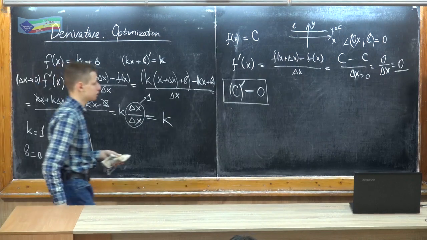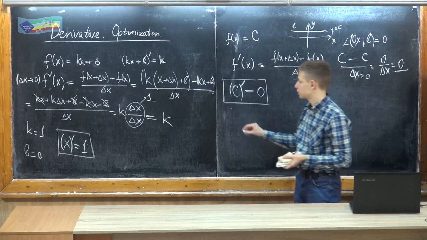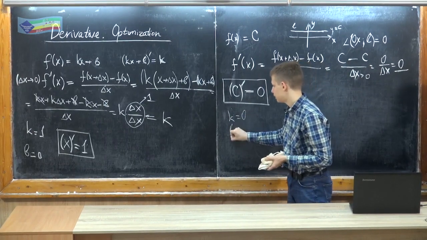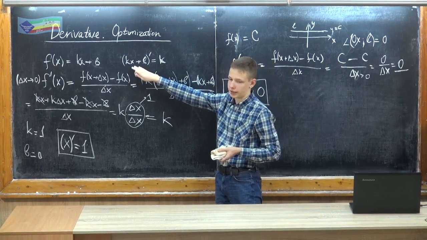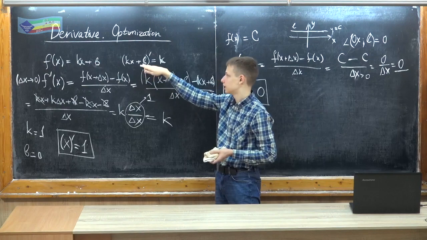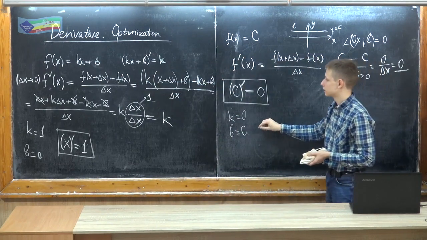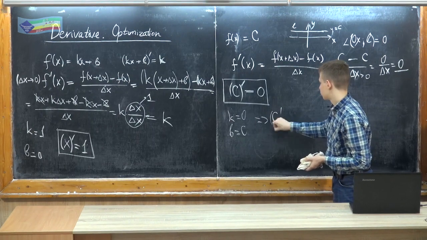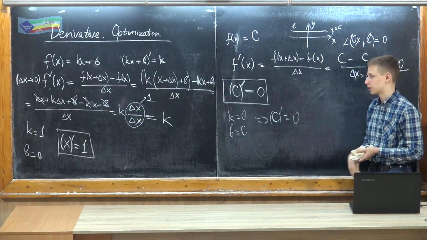And also we can prove this fact again, because if we now substitute k equal to 0 and b equal to c, then we will get 0 multiplied by x plus a constant. So this is a constant again, and we get that the derivative of a constant is equal to 0, which corresponds with this expression well.